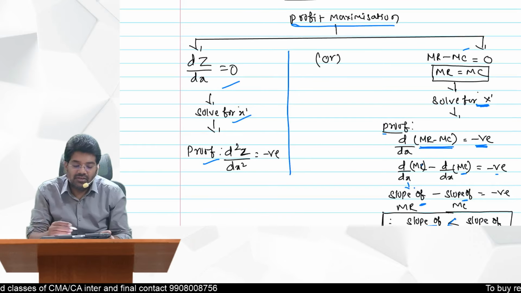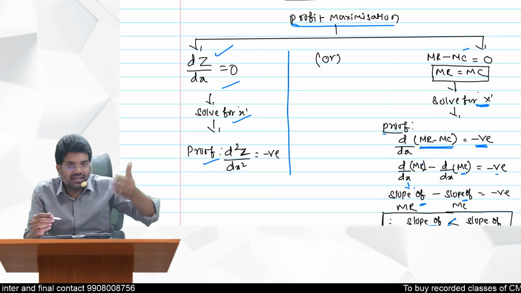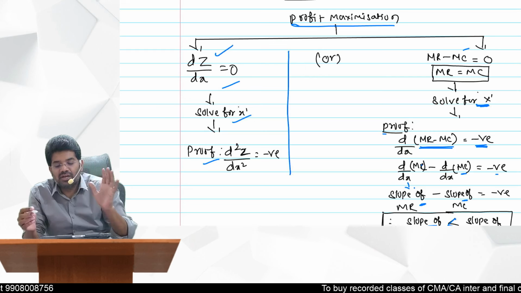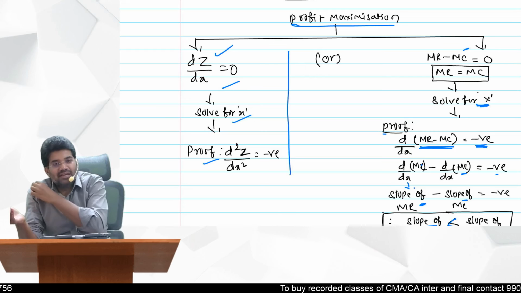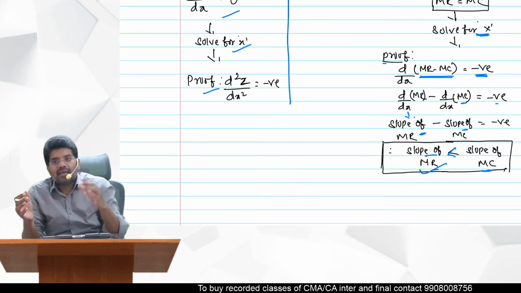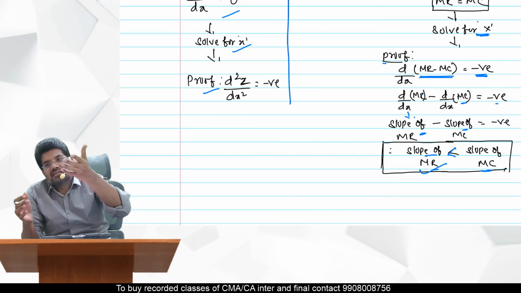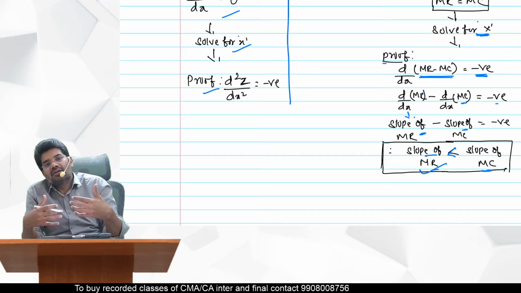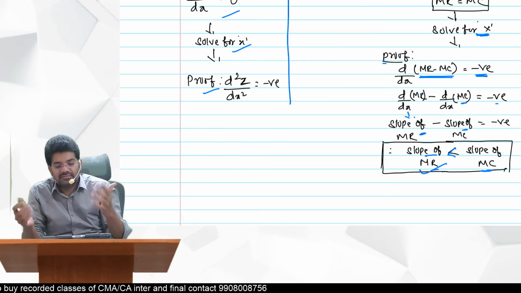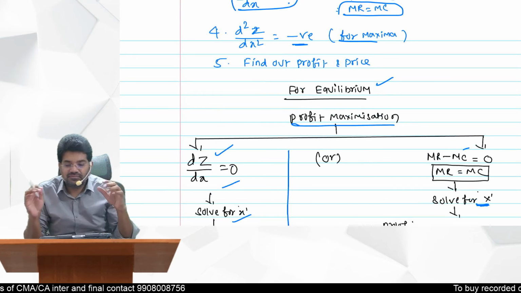So either you can use the total profit and differentiate, or do MR and MC separately: equate MR and MC to get the x value, then perform the second order derivative on MR and MC. If the second order derivative of MR is less than that of MC, the condition is satisfied. I hope everyone understood. This is equilibrium.